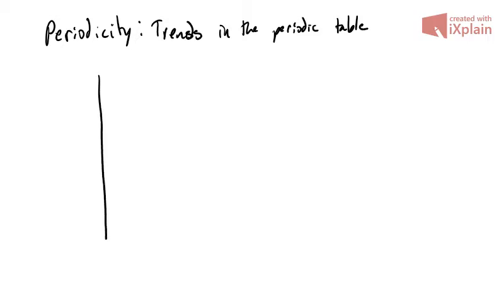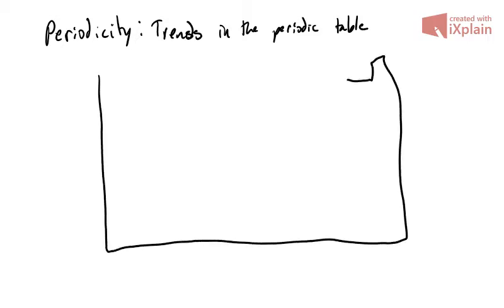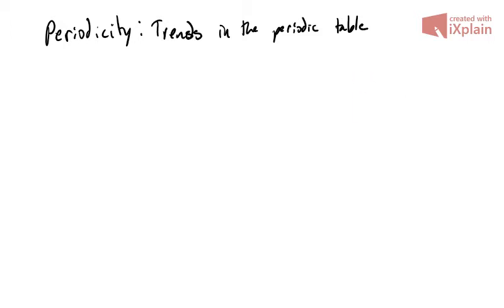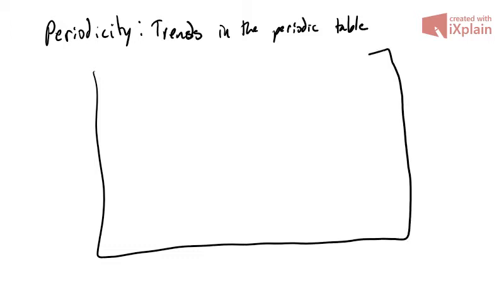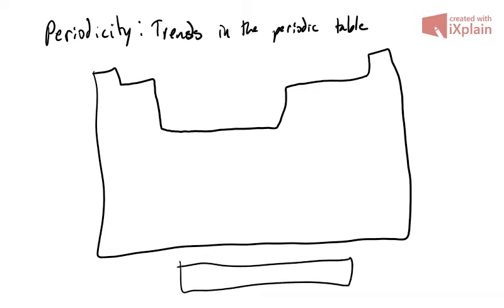However, I'm just going to draw a simple periodic table here. There we go. Okay, and we'll throw the lanthanides and actinides in there for kicks and giggles. All right, so we have our basic periodic table here.